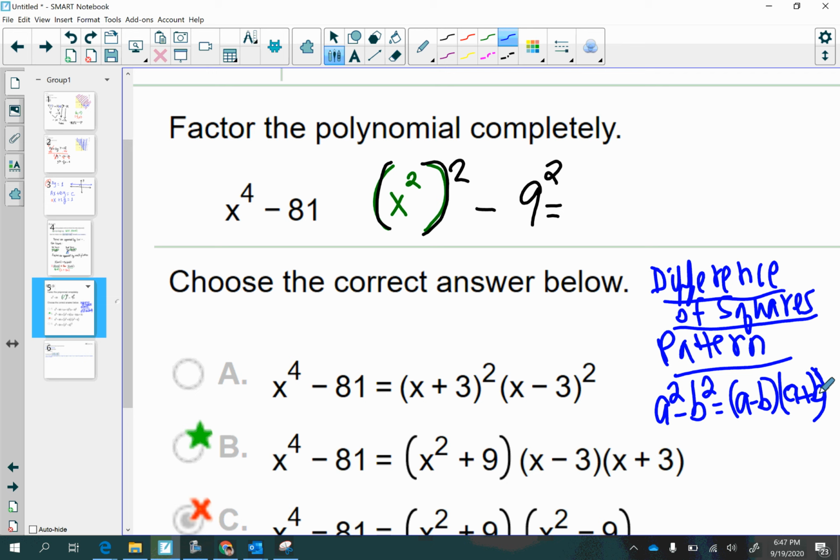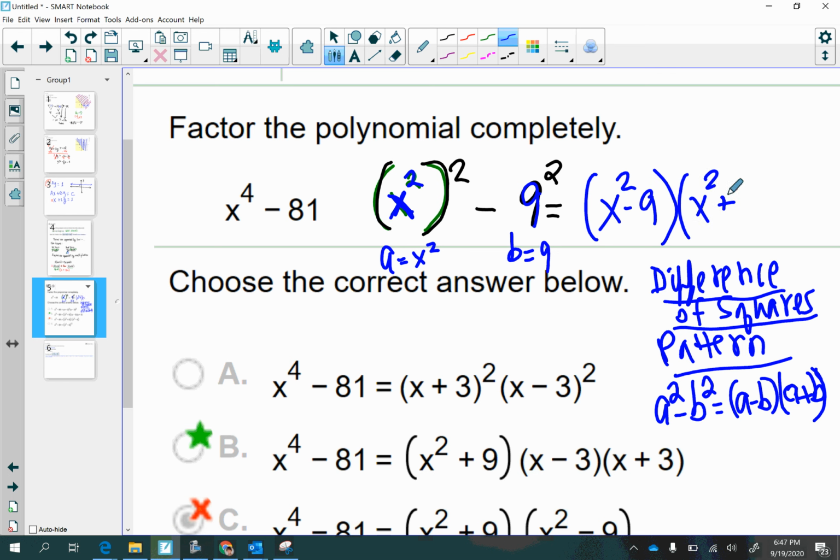Okay, so that means that if I think of x squared as my a, and if I think of this 9 as my b, then I can follow the pattern. That will be a minus b, so a is x squared minus 9 times a plus b.